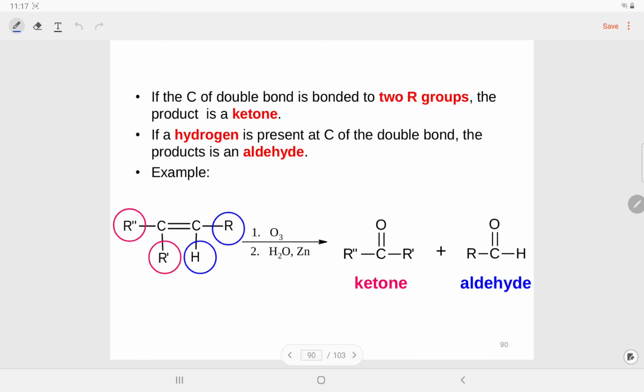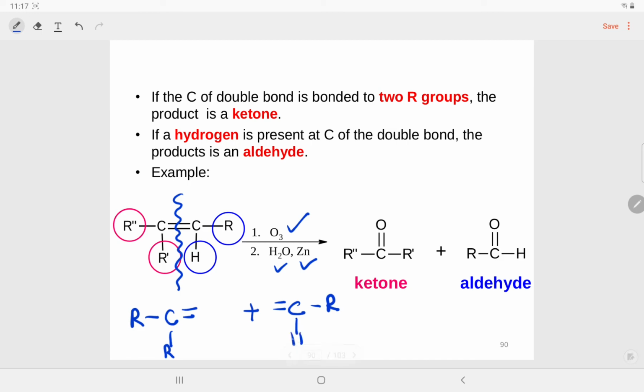So according to the general formula, if the reaction is ozone and the condition zinc and acid, which is in the presence of water, and also the other condition, the cleavage occurs at this carbon-carbon double bond, and you just divide by 2: R, C, R half double bond, plus C half double bond, R, H.